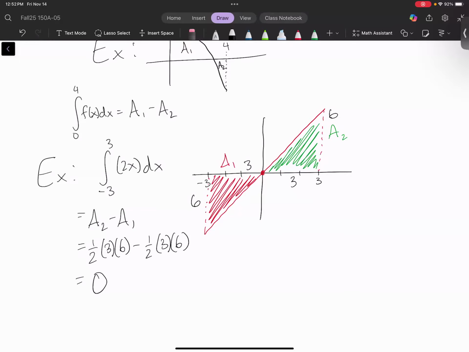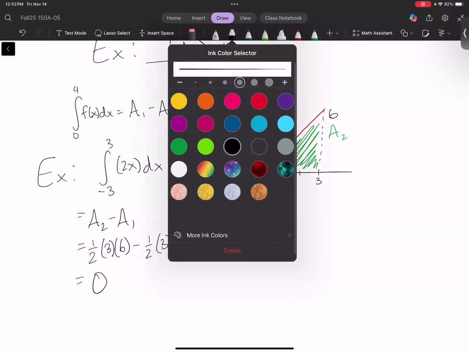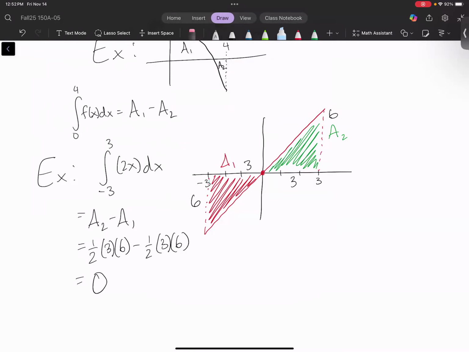One way to think about it is as we move along the bound, I start here on my left bound. As we move along, now I'm here, now I go here, I'm accumulating negative area. So far, my integral is negative because I've only accumulated negative area. So I keep going. Then I hit the origin, and I'm done accumulating negative area.